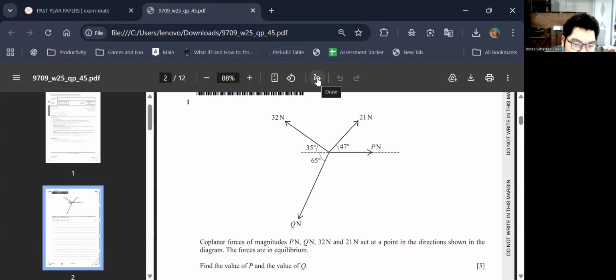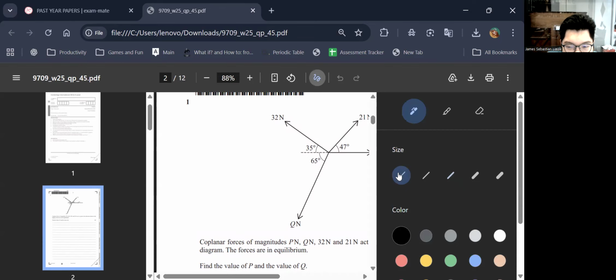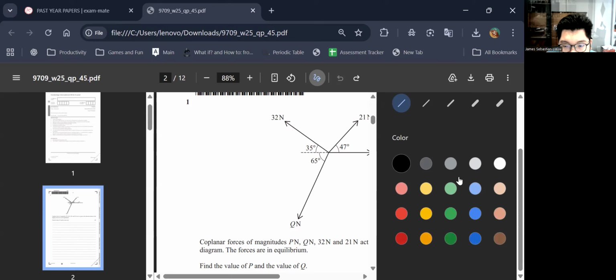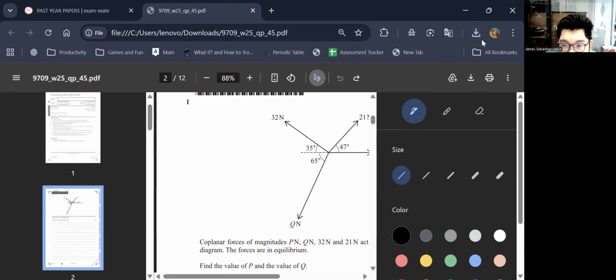To solve this kind of question, what we will need to do is to resolve each of the forces into their separate components.